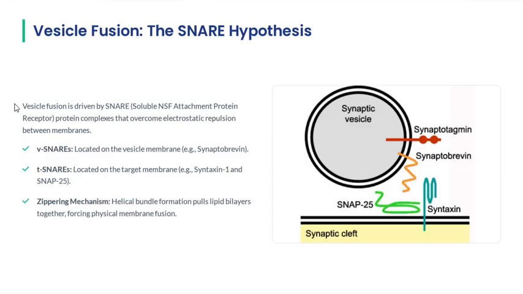This is vesicle fusion, and it's driven by SNARE, which is a soluble NSF attachment protein receptor protein complex, and it overcomes electrostatic repulsion between membranes. The v-SNAREs are located on the vesicle membrane. The t-SNAREs are located on the target membrane, and the zippering mechanism is where the helical bundle formation pulls the lipid bilayers together, forcing physical membrane fusion, as you can see here.